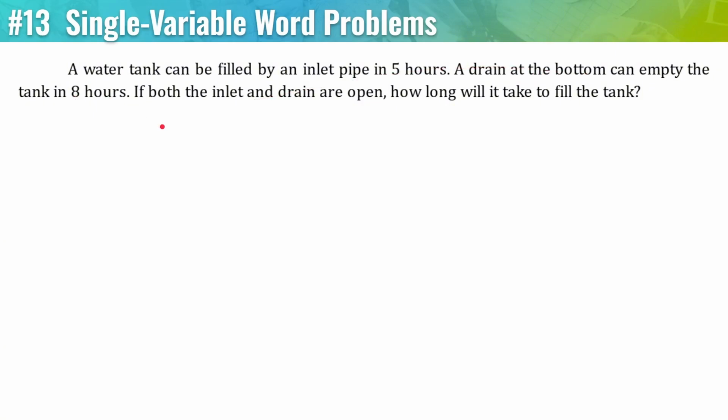So negative x over 8, actually. So the first thing we need to do is check if the work can actually be completed, because sometimes, for example, if you're using a faucet, the water can drain faster than you can fill it.